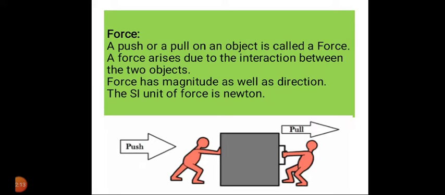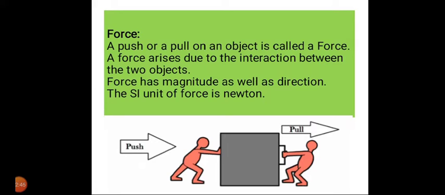Another example we can take: suppose a man is standing behind a stationary car. When he is just standing, there is no interaction with the car, and when the car is being pushed by that man, it means there is an interaction. When he applies a force on it, the car will begin to move in the direction of the applied force.